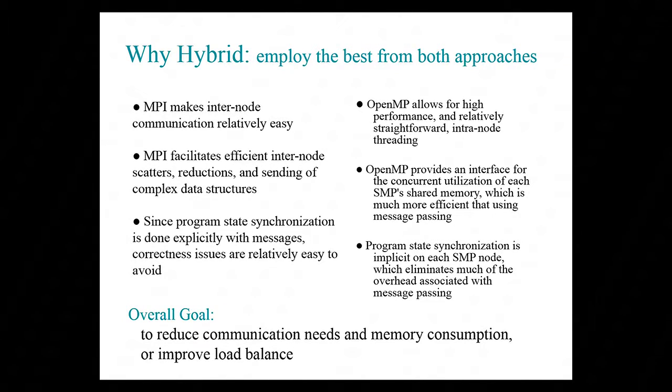OpenMP, on the other hand, is good for high performance, relatively straightforward intra-node threading. It will speed up the runs on one node, and hopefully it will reduce some of the data communication time between CPUs that are sitting on one node.